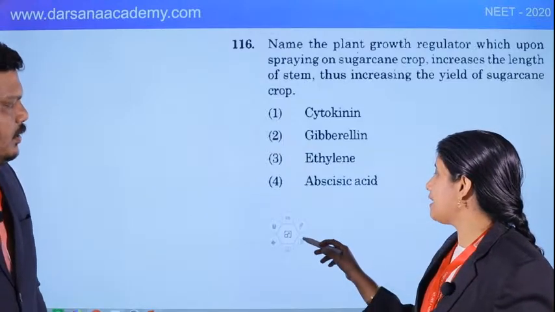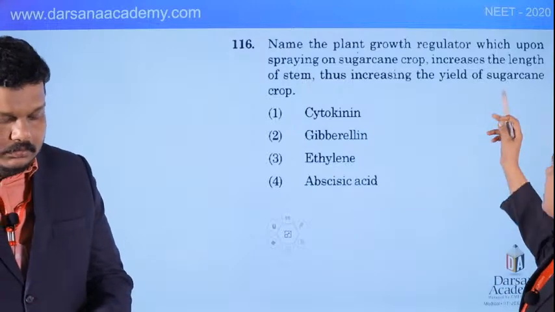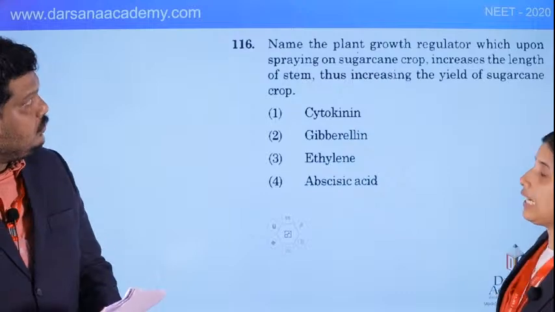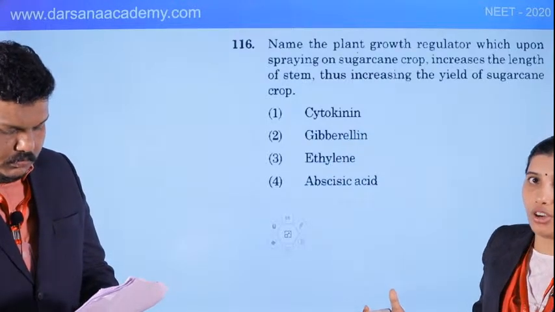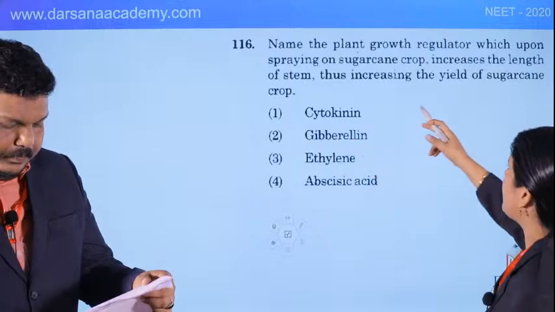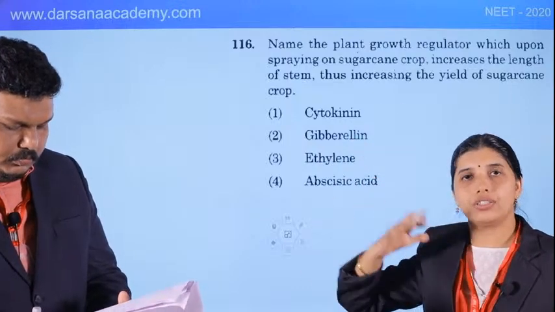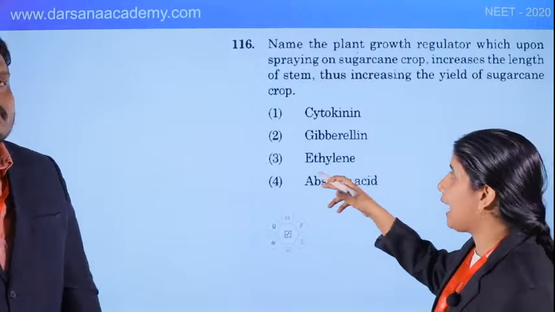We can see this question 116. Name the plant growth regulator which upon spraying on sugarcane crop increases the length of stem, thus increasing the yield of sugarcane crop. Did you see this statement before? Of course, from the NCERT. Increasing the length, the elongation, is gibberellin. We know that is the direct question.